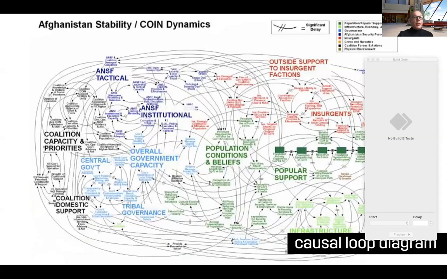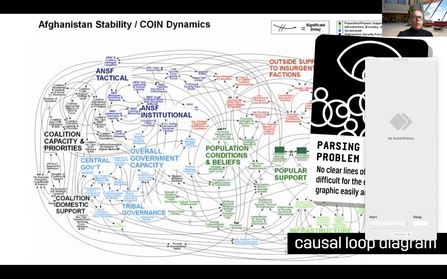And here's an example from the United States government that shows Afghan stability. And it's very difficult to jump into a graphic like this. There's some prioritization of items because some of the text labels are very large. And there's some color coding taking place to indicate different types of subject.